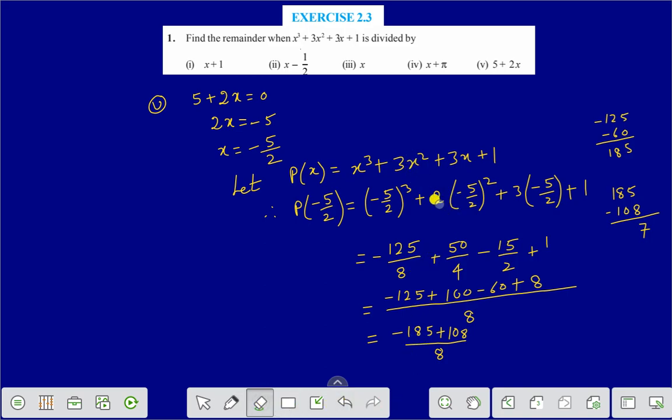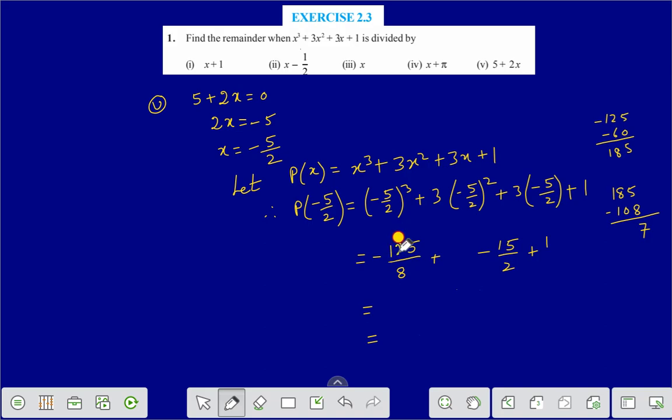This is not correct, it is 3. Let us check once again.